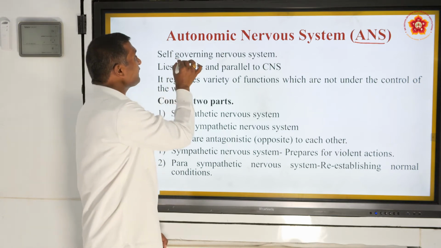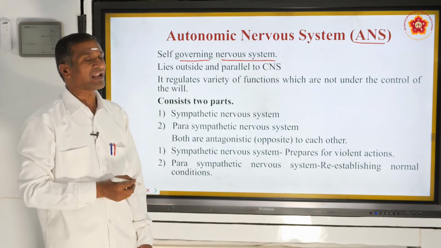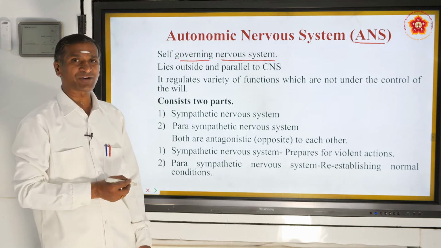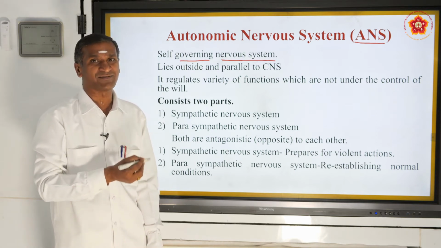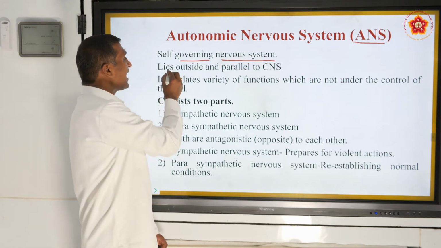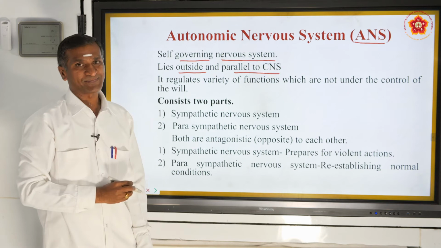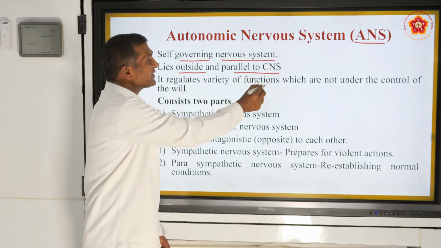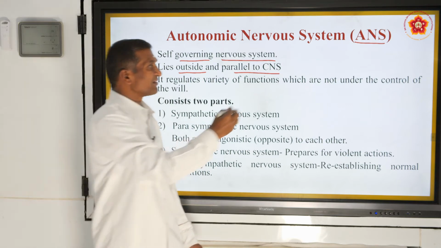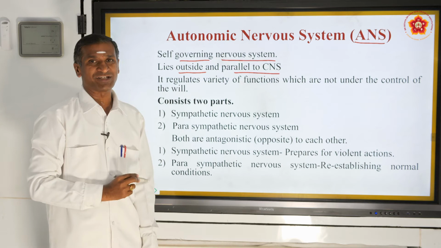It is a self-governing nervous system, self-imposed, self-governing. It itself is the boss, it itself is the servant. Lies outside and parallel to CNS. It regulates a variety of functions which are not under the control of the will. They are involuntary functions.